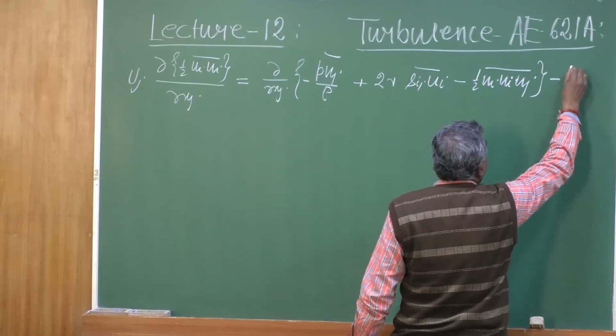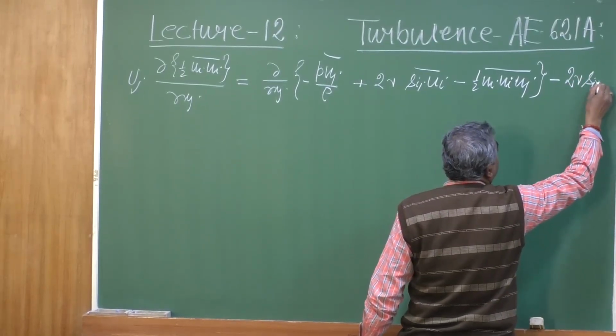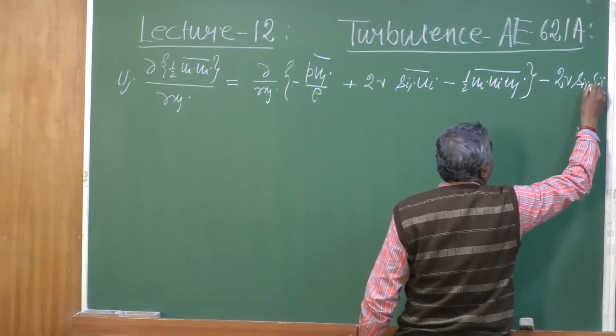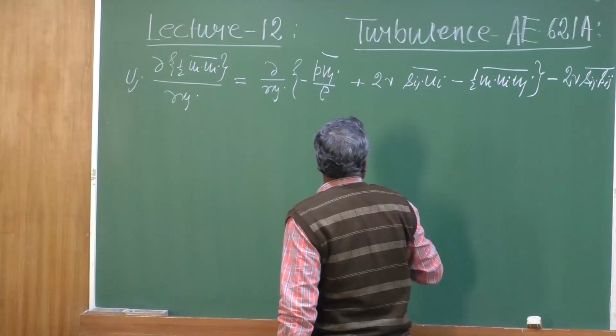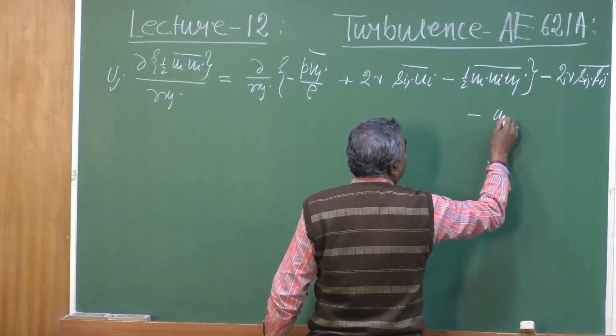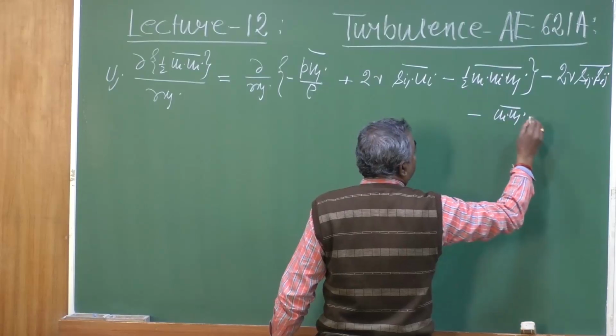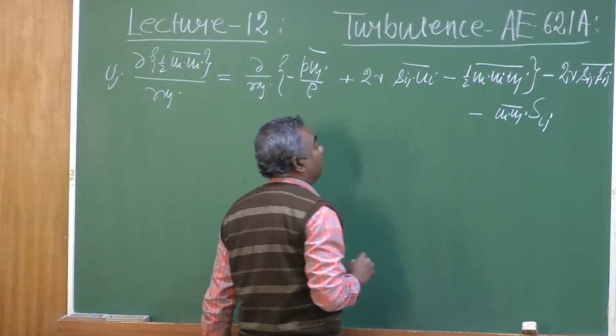One is our dissipation term, that is twice nu small s I j bar, this is our dissipation term, and the last one is our production term, that is this, right.